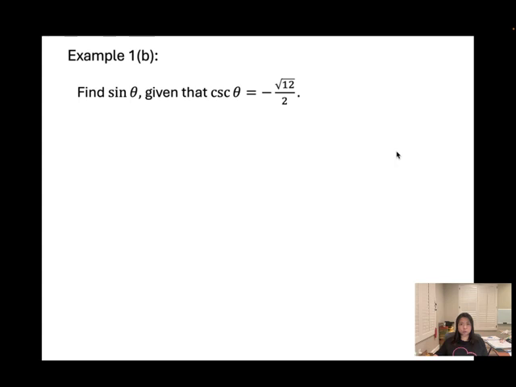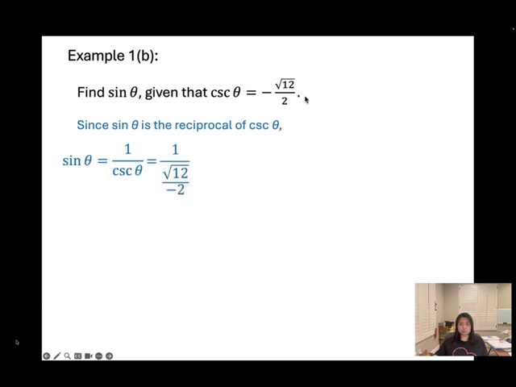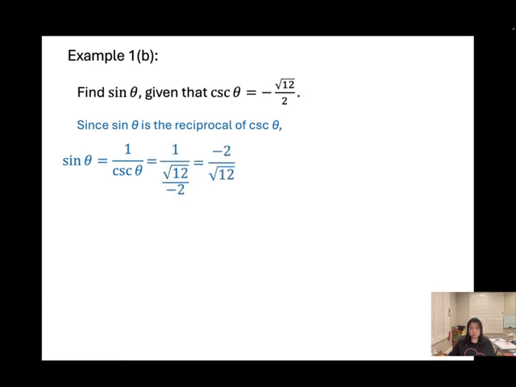Sine theta will be equal to 1 over cosecant theta. So the reciprocal of this. You are not done yet. You need to rationalize. But before you rationalize, you could simplify the square root of 12, right? Square root of 12, I could break it down to 4 times 3. Square root of 4 will be 2, so 2 square root 3.